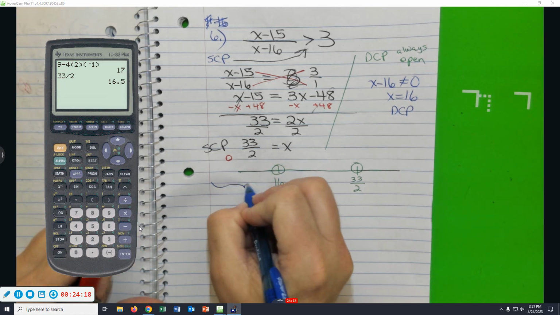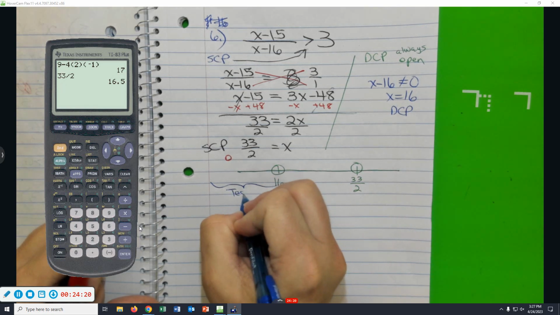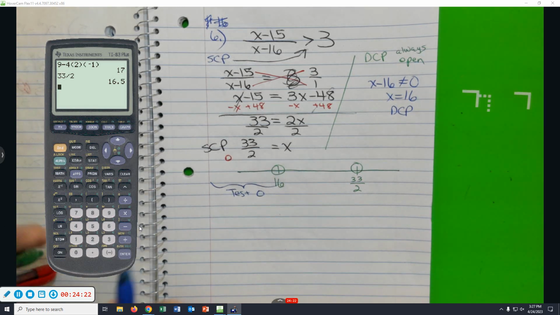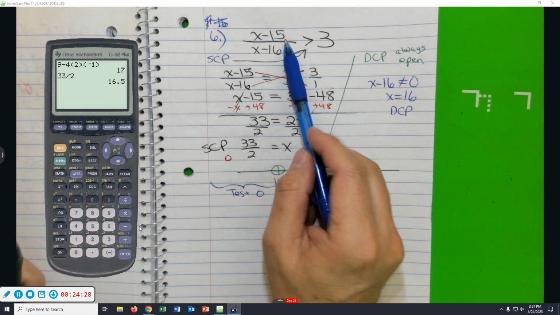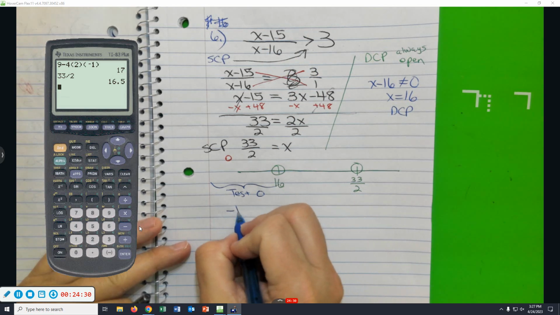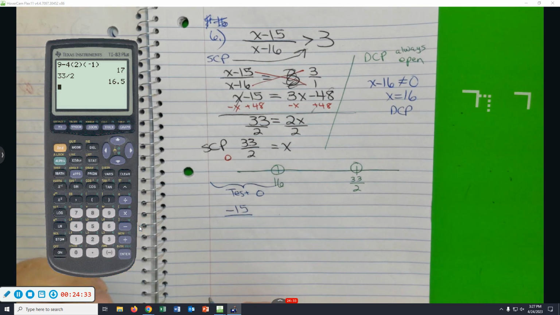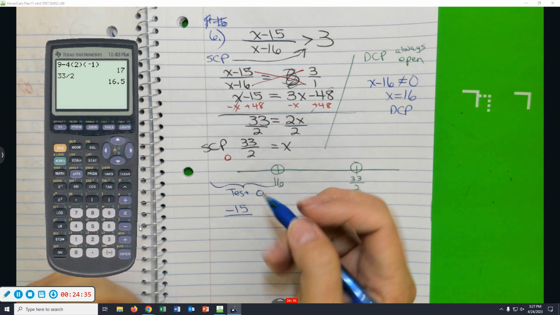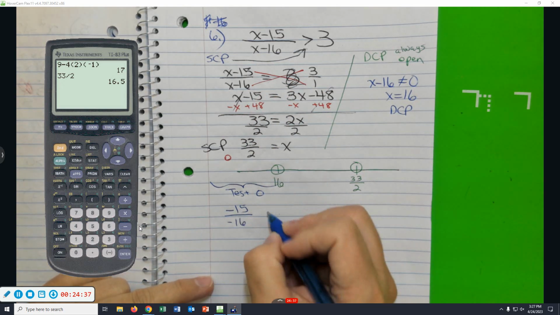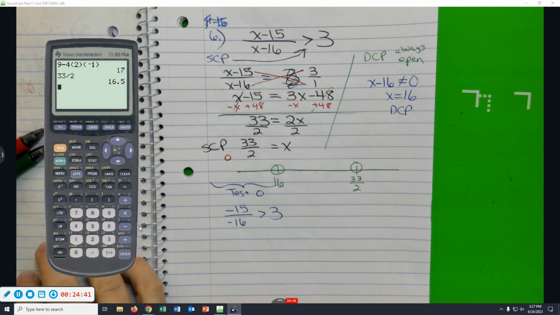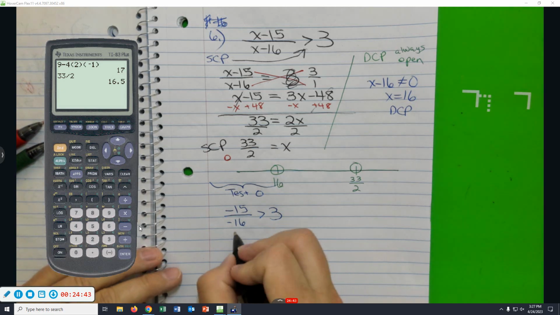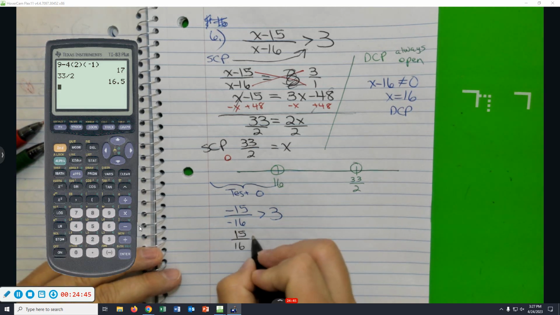I know how to find 0 on a real number line. So testing 0: 0 minus 15 is negative 15, all over 0 minus 16, which is negative 16. Is that bigger than 3? Negative divided by negative is positive, so we have 15 sixteenths is bigger than 3.